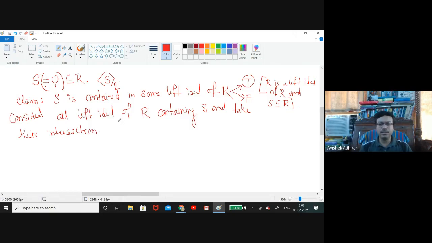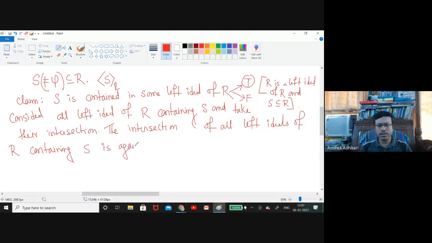As we know that the intersection of an arbitrary collection of ideals is again an ideal, the intersection of all left ideals of R containing S is again a left ideal of R containing S.